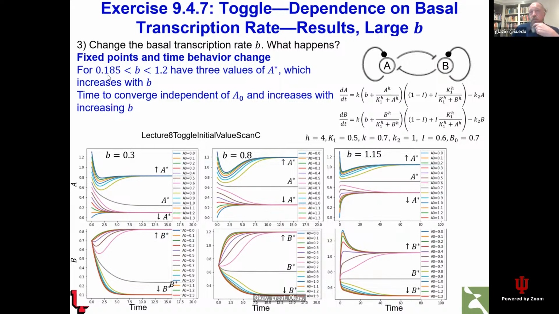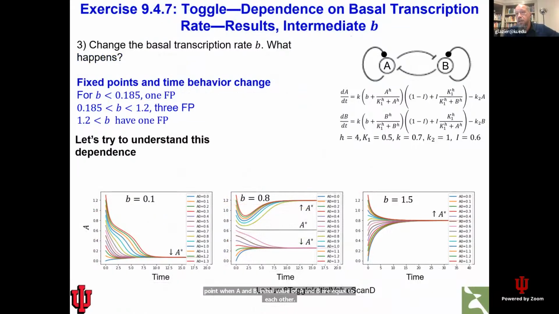So it winds up that if b is intermediate between 1.185 and 1.2, then you actually find three values of a star: a high value, the low value, and then the unstable fixed point when the initial values of a and b are equal to each other. So here are the situations for a at least.